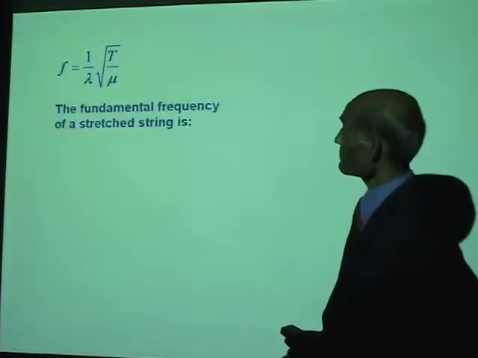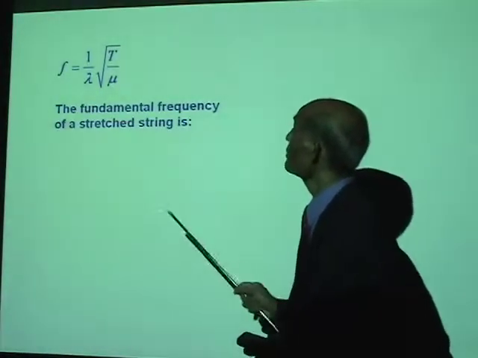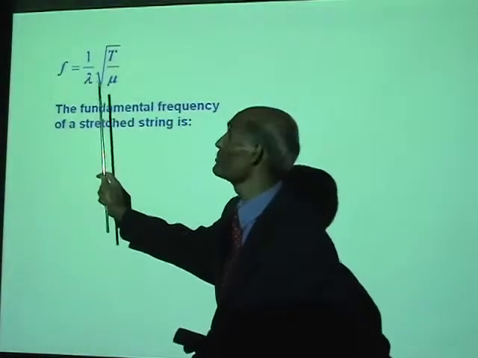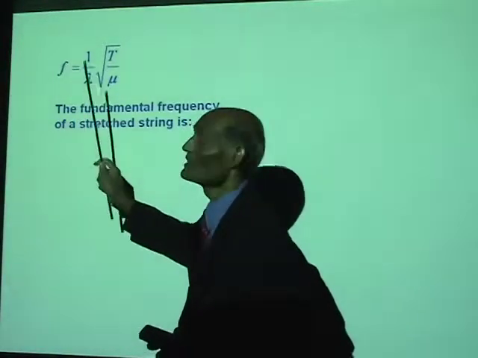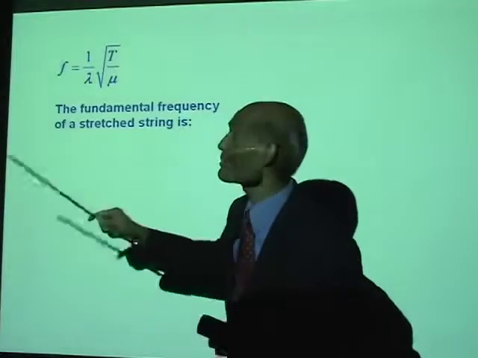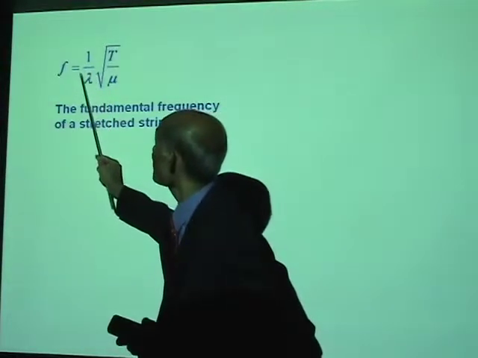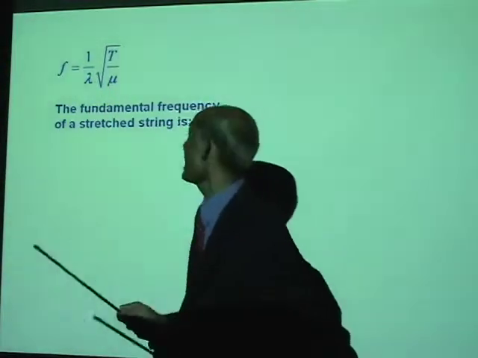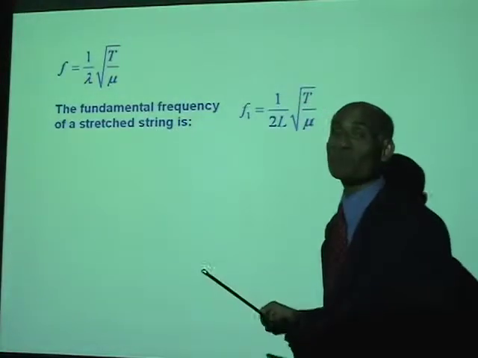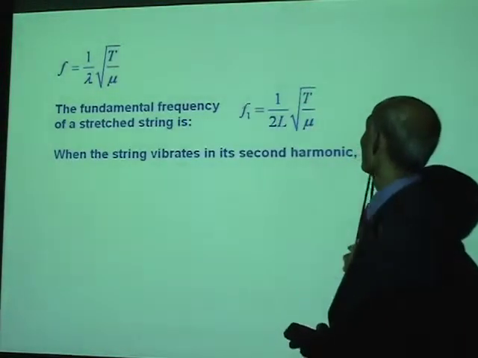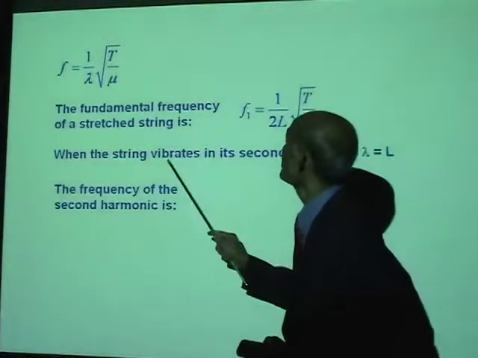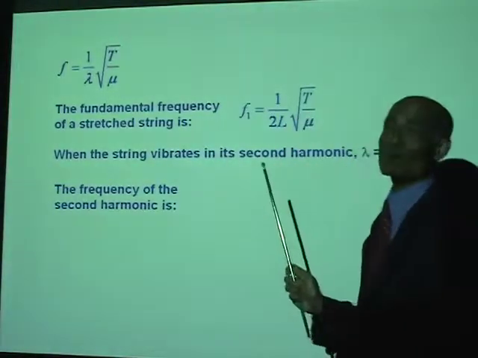Alright. The fundamental frequency of a stretched string, I told you this before, in order to change this to the fundamental, all we need to do is replace lambda by 2L. So frequency of the fundamental is this. How about the frequency of the second harmonic?